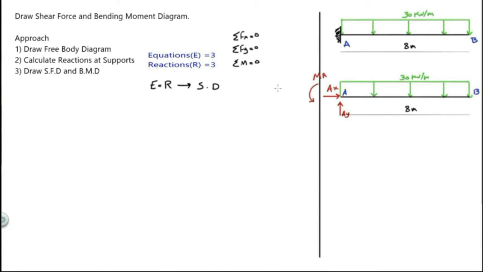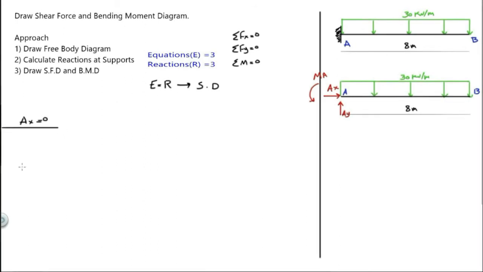On the x-axis, we only have one reaction, which is ax. Then ax equals 0. On the y-axis, there is only one reaction, which is ay, and it can be easily calculated by sigma fy equals 0.